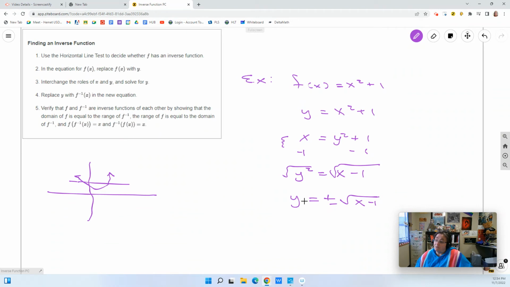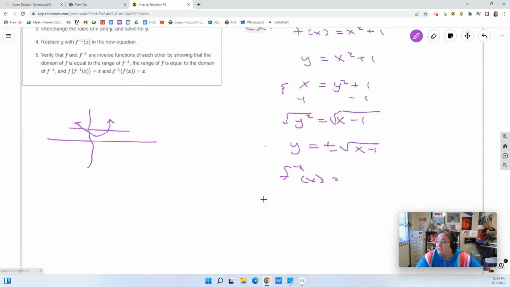If it had worked, we would have replaced this y with f inverse of x. Pretend that's a 1, the minus 1 up there that makes it inverse. And then we would just put in that value. But we can't do it because clearly it doesn't work. But we are going to work on one that does work and find the inverse of that problem.